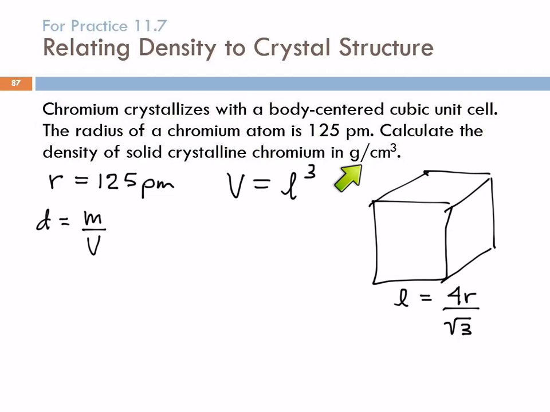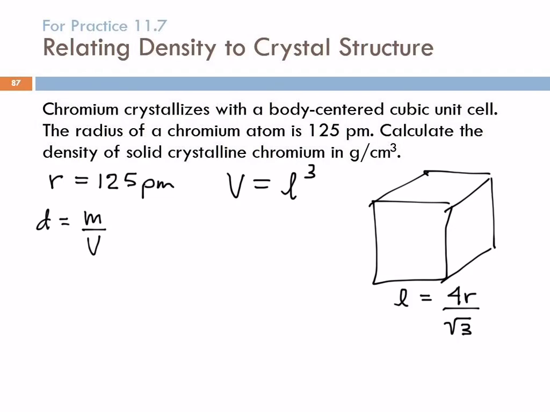Let's think about units before we start calculating. We want grams per cubic centimeter. This is in picometers. So we can either convert this now to centimeters, or we can convert cubic picometers later to cubic centimeters. I would rather convert it now before we cube it.